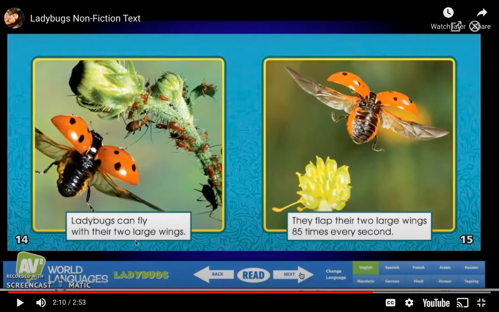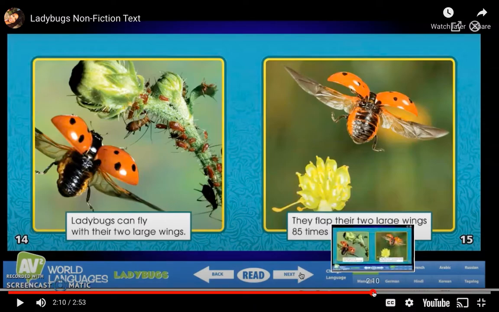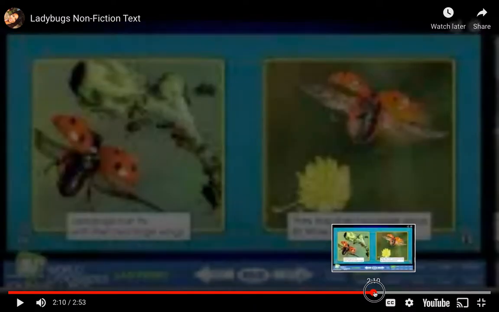And here, again, ladybugs, and these pictures are super cool. Look at this. This is them flying. So this is them opening those two large wings, or opening that shell that they have, and those wings coming out from underneath their shell and helping them fly. That is really cool, and that's something that Miss T didn't know about either.